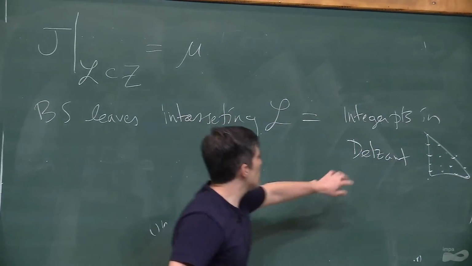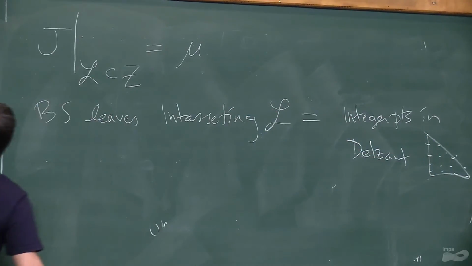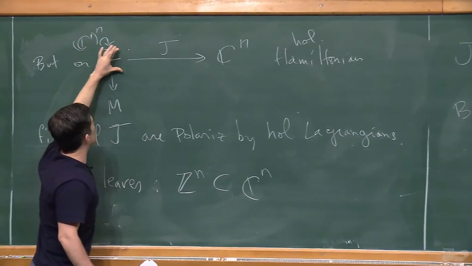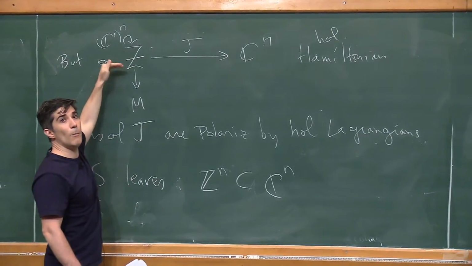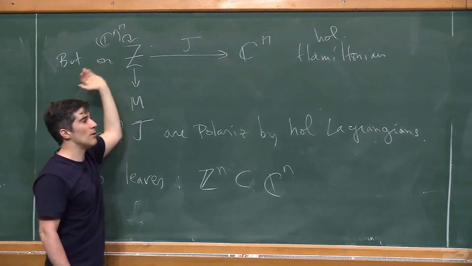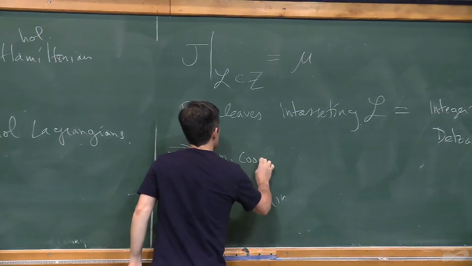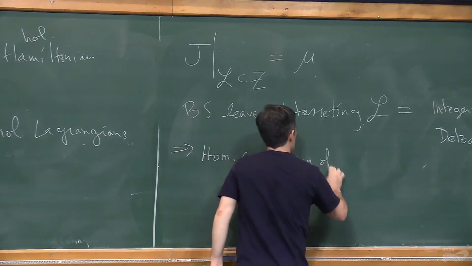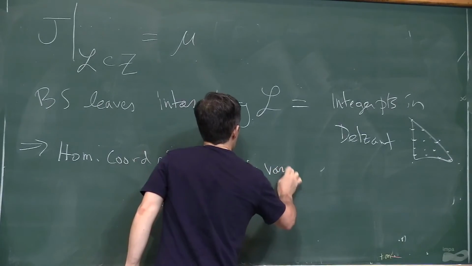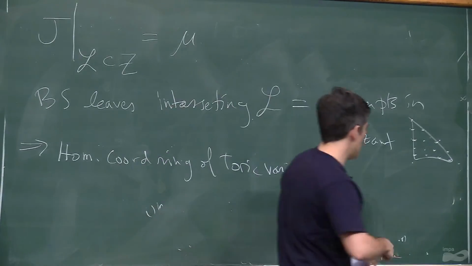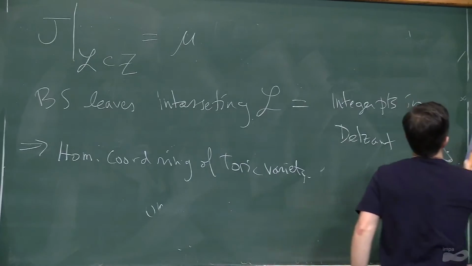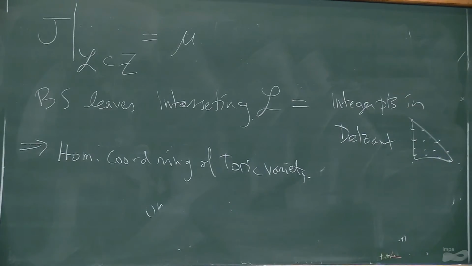These are the values of this moment map, and they give me a finite set of holomorphic Lagrangians, and I can take sections along there, and I get the homogeneous coordinate ring of the toric variety. So this example is going to produce the homogeneous coordinate ring of the toric variety, a commutative algebra, which is the algebra of the toric variety.